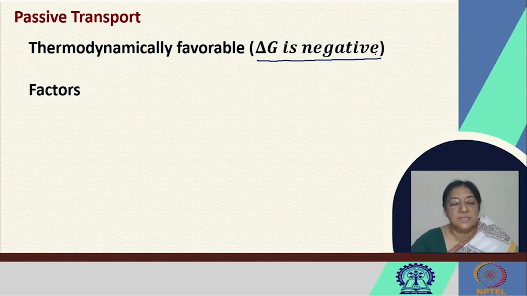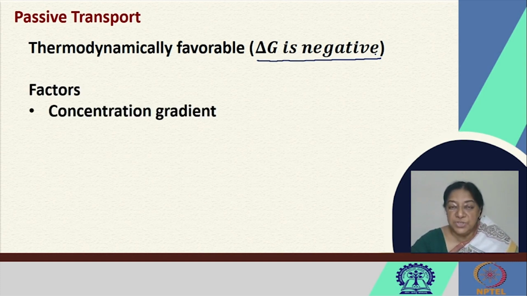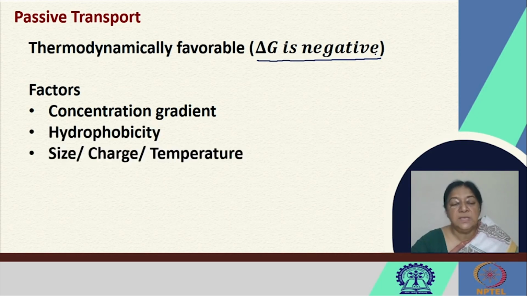The factors that are important in this case are the concentration gradient. So we would want to know the concentration of ions inside the cell and the concentration of the same ions outside the cell to determine a delta G associated with this. The hydrophobicity of the specific membrane, the size, charge, and temperature are other properties that are important.